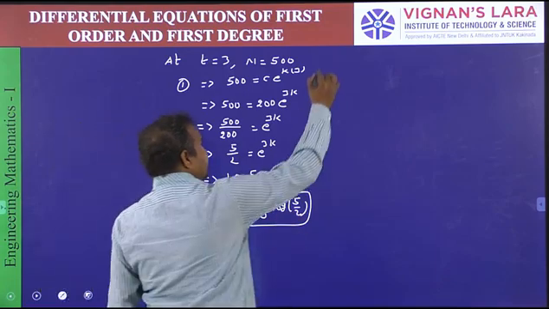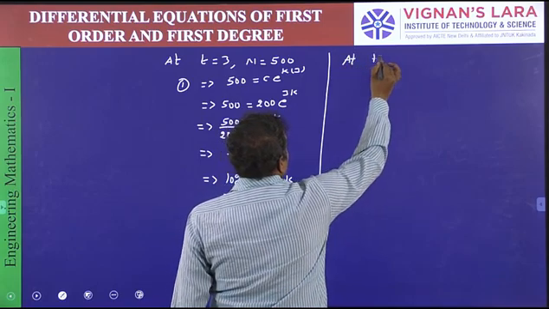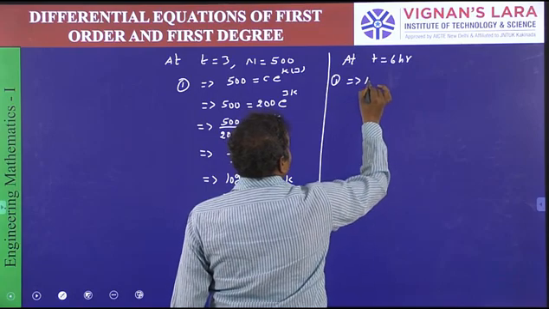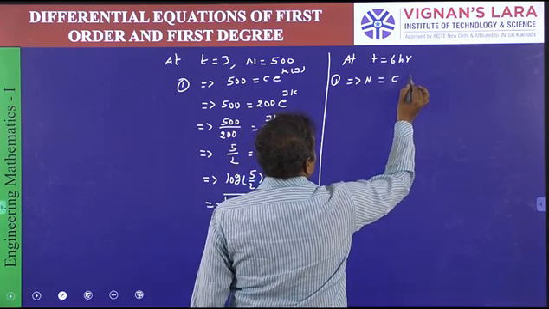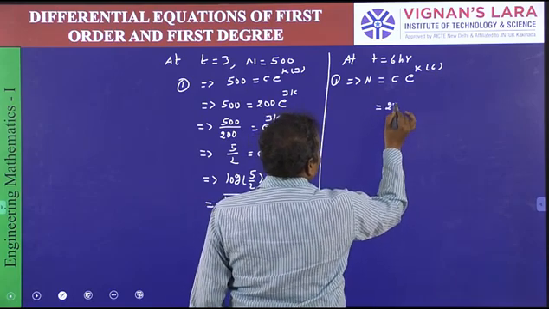Now we are evaluating at t is equal to 6 hours. At t is equal to 6 hours, equation 1 implies N is equal to C into e power k into 6. C value 200.